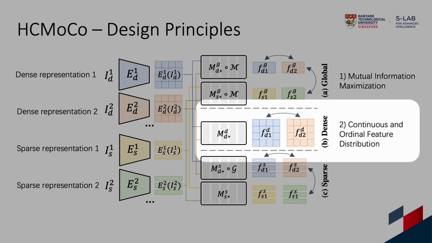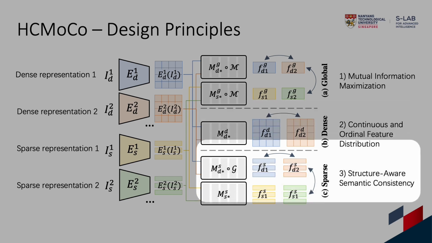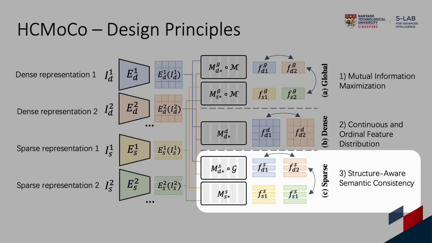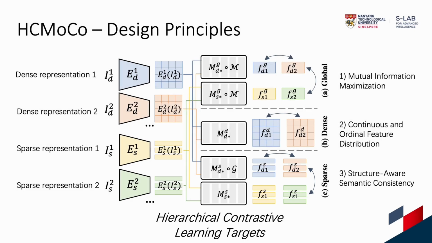Therefore, we apply soft ordinal contrastive loss terms on paired dense representations to encourage such continuous and ordinal feature distribution. To further make use of the structural information provided by sparse representations, we introduce structure-aware semantic consistency inter- and intra-samples. Combining these three design principles, we have the hierarchical contrastive learning targets.